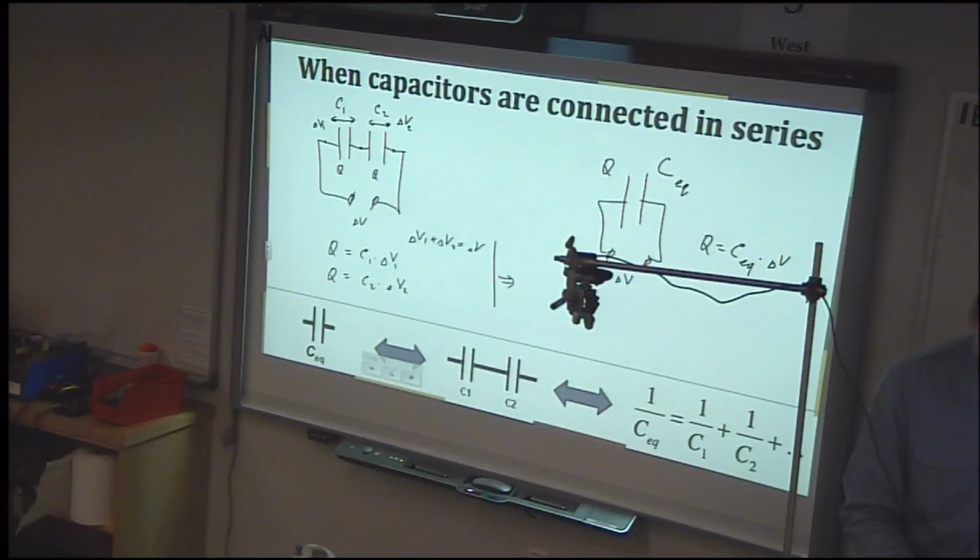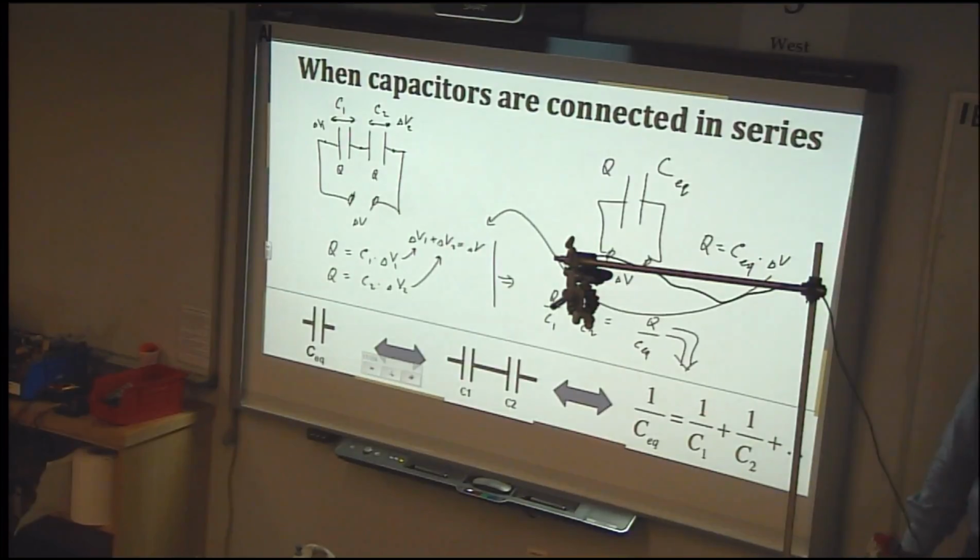But if we replace voltage 1, voltage 2, and voltage with what it's equal to, charge over C1, charge over C2, and that should be equal to the same charge over C equivalent. And if we cancel the charge because it's the same, the result is this equation.